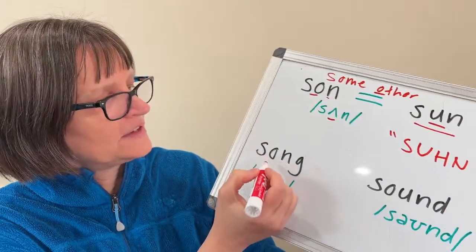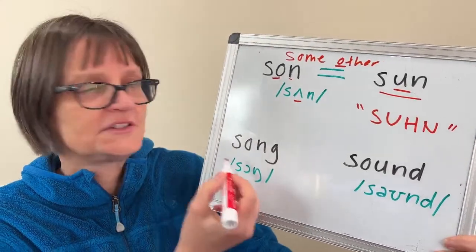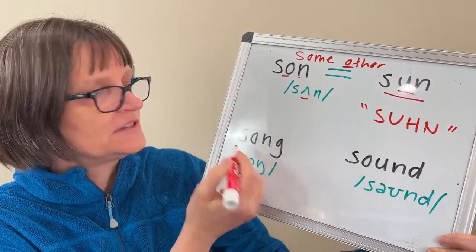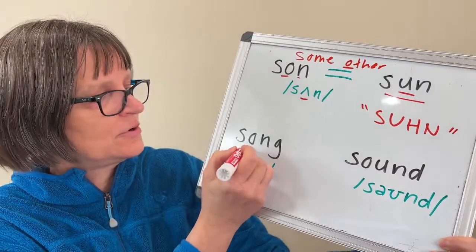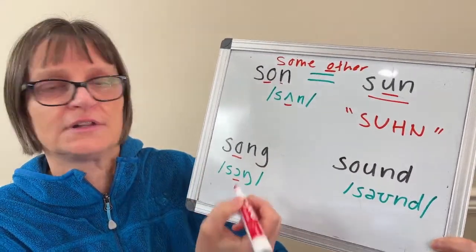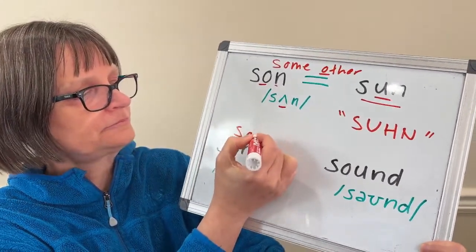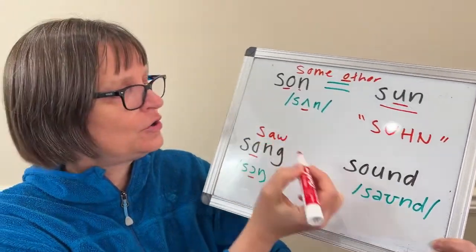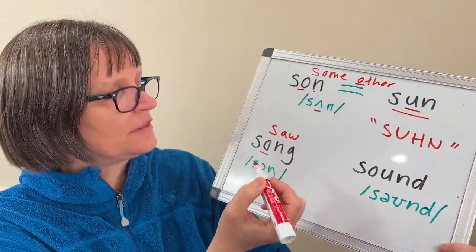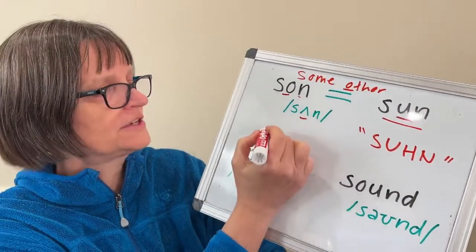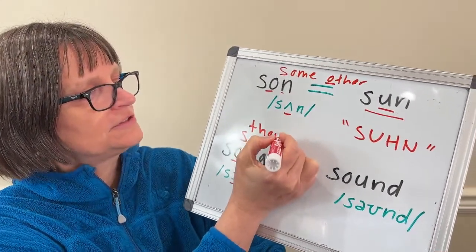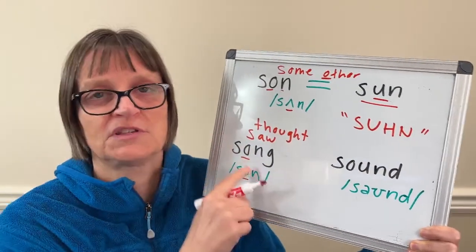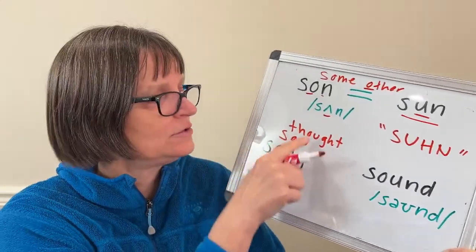But here we have an example of letter O. Instead of saying the sound of the O, it's an unusual pronunciation. Letter O here says the sound like in saw. So we spell it with AW, we spell it with O, we sometimes spell it with OU, like thought. So the spelling of the vowel is not consistent. It can be O, AW, AU, OU.